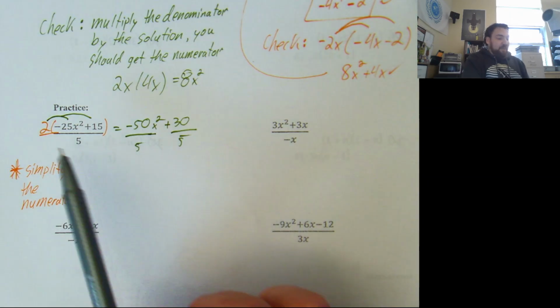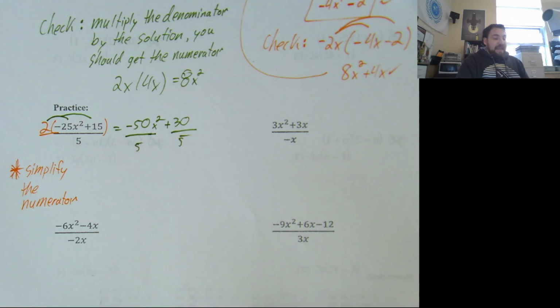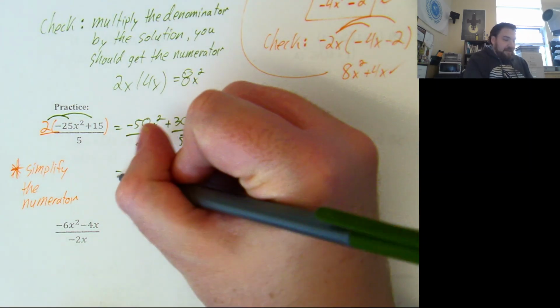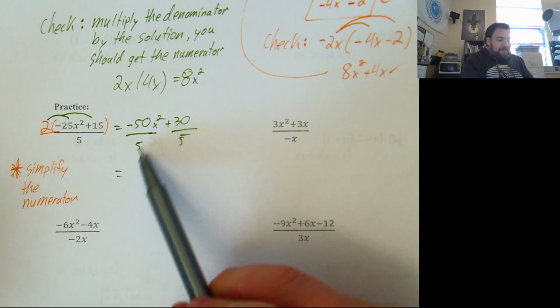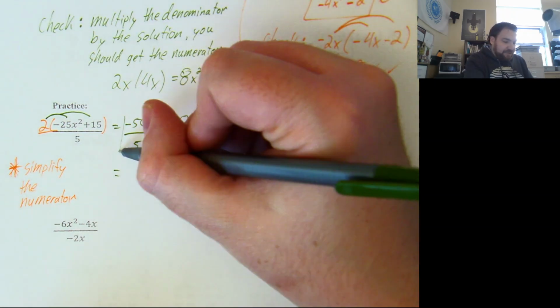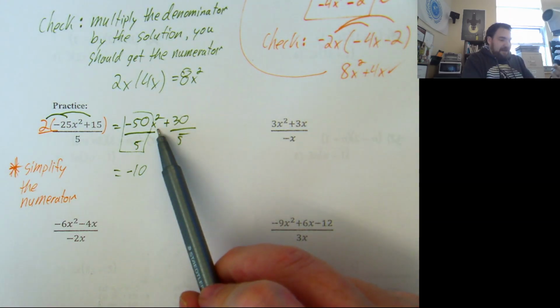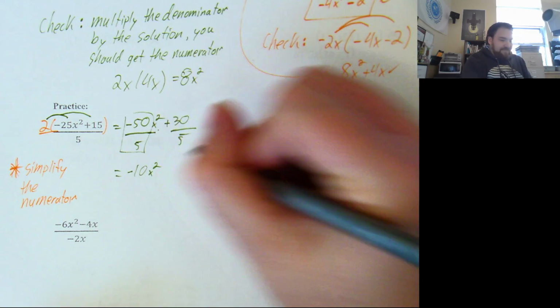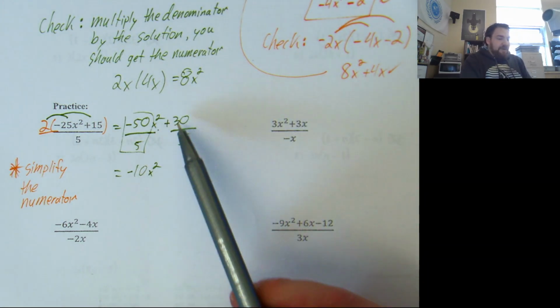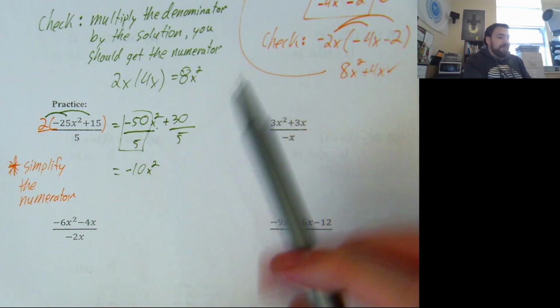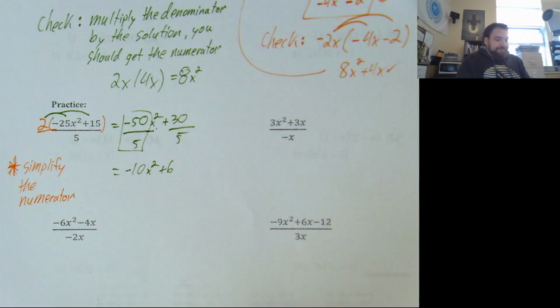I just kind of did that in one step. And now I simplify. Negative 50x squared divided by 5. I look at my numbers first. Yes, that is negative 10x. And then positive 30 divided by 5 is? Positive 6.